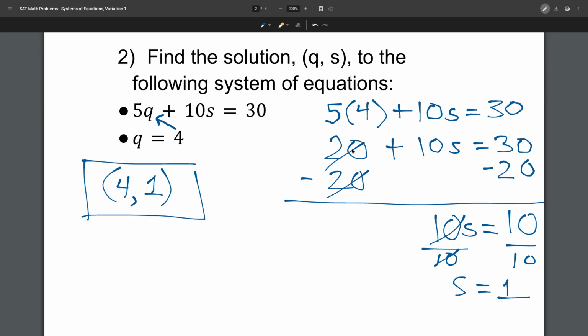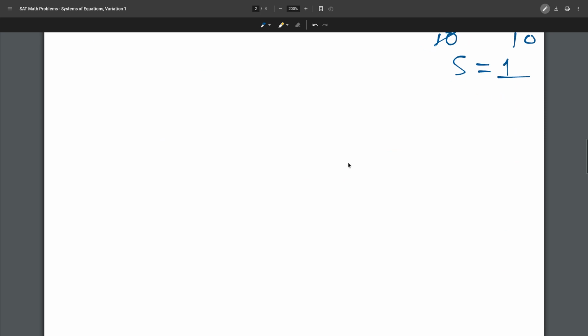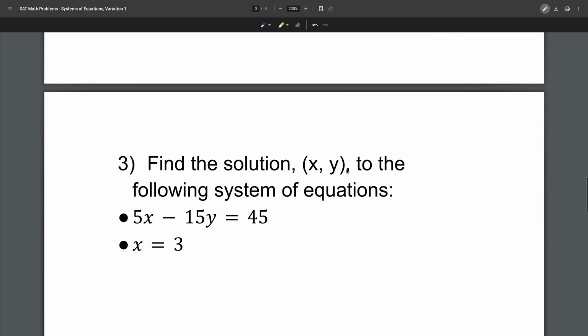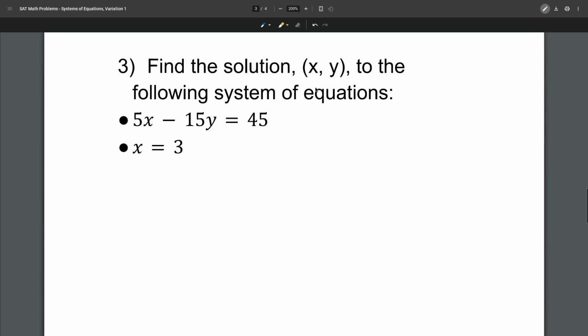All right, let's take a look at a third problem. Third problem, we've actually got x and y, so we could plug these right into Desmos, but let's do the substitution method. So it says find the solution x, y to the following system of equations. 5x minus 15y equals 45, and x equals 3. So again, the x value we're going to put into here.